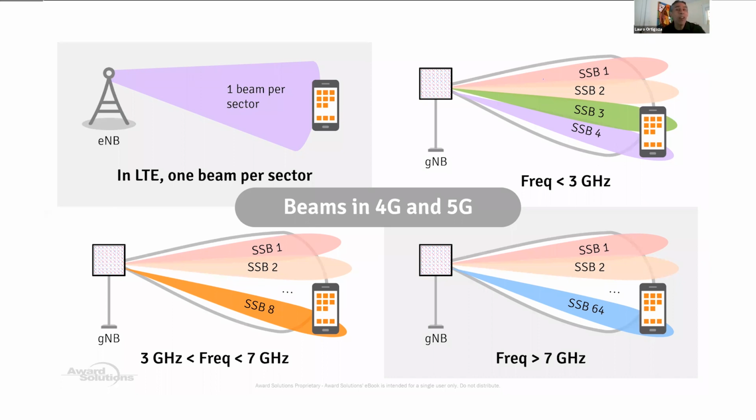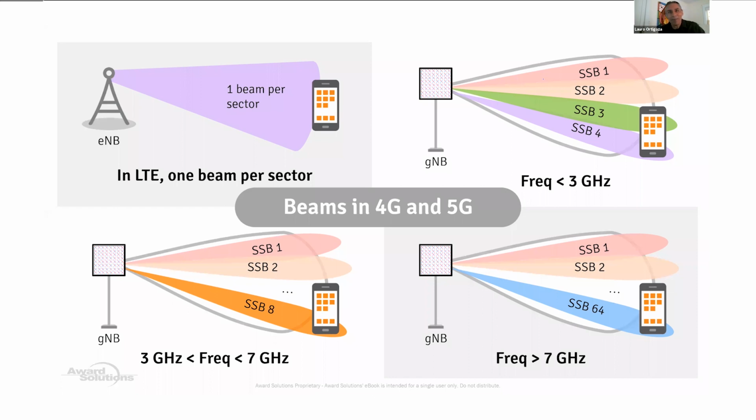If you are deploying 5G in frequencies smaller than 3 gigahertz, then the standard tells you that you can have up to 4 coverage beams, right? And these beams get transmitted like a sprinkler. 1, 2, 3, 4. Every 20 milliseconds, 1, 2, 3, 4.